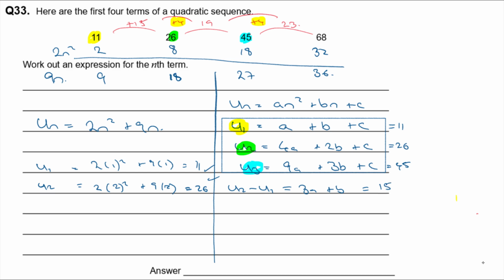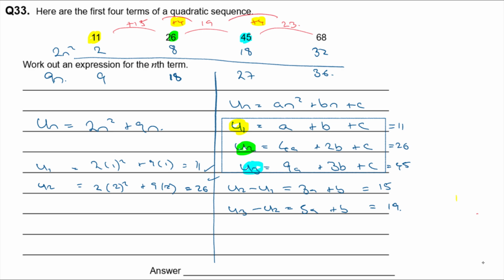And if I do the same thing for u3 take away u2, I'm going to get 9a take away 4a is 5a, 3b take away 2b is b, and c take away c is 0, and 45 take away 26 is 19. Okay, so now I've got 2 more equations, but now I've only got 2 unknowns. I've got 3a plus b is 15 and 5a plus b is 19.